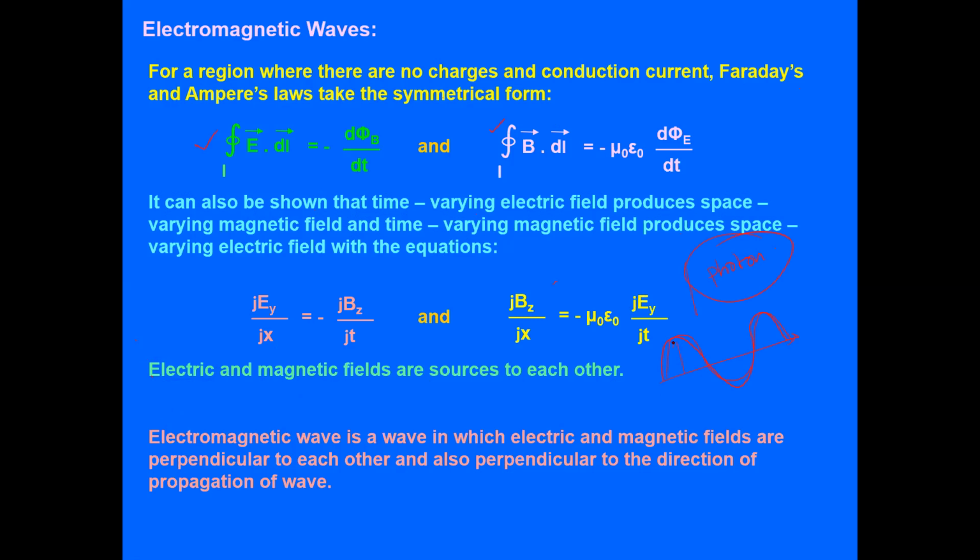If the electric field varies, some magnetic field will also be produced, and they are interrelated. One produces the other, and hence the electromagnetic waves propagate perpendicular to the vibration of these two things, electric field and the magnetic field. So this is a definition.